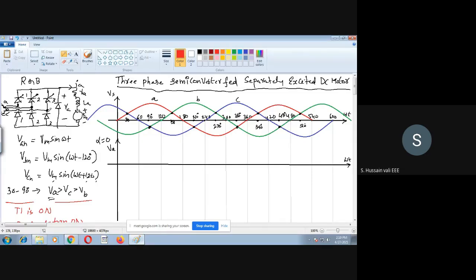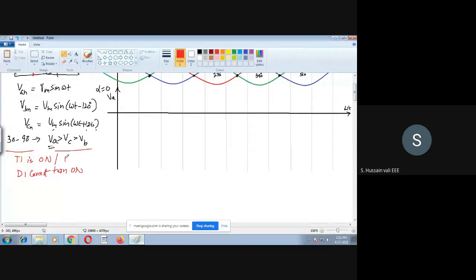If you think D3 is on, that's what I'm guessing now, it means the cathode voltage of D3 is C. So this is C, this is B. So the anode is also C. If the anode of D2 is also C, whereas the cathode is B, you have seen yourself that VC is greater than VB, so D2 will also be turned on. Then you will face a problem. So our assumption that diode D3 is on is wrong. So the only option left is that diode D2 will be on. This is a trial and error method. So D2 is on.